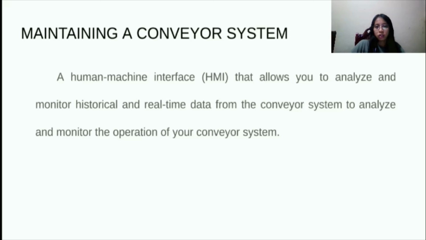The operator should also be trained enough on how to run the system, and they should know what to look for when they identify errors or problems.